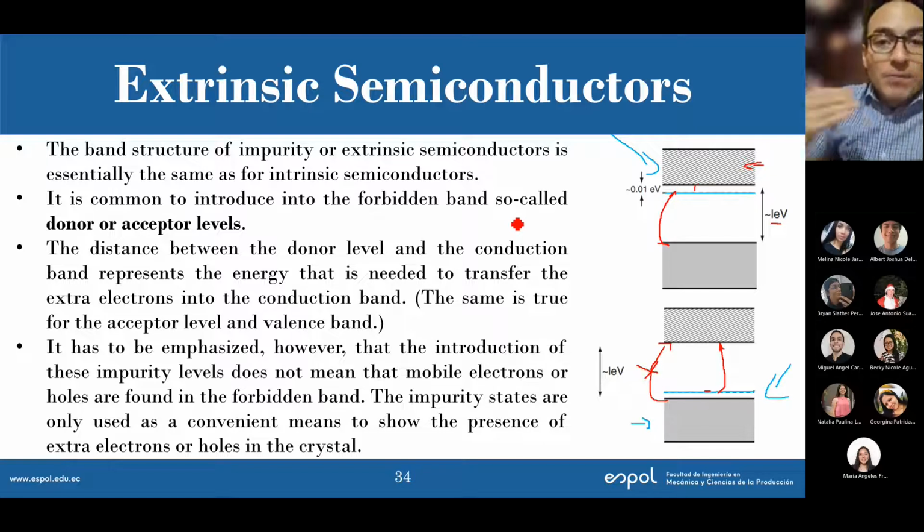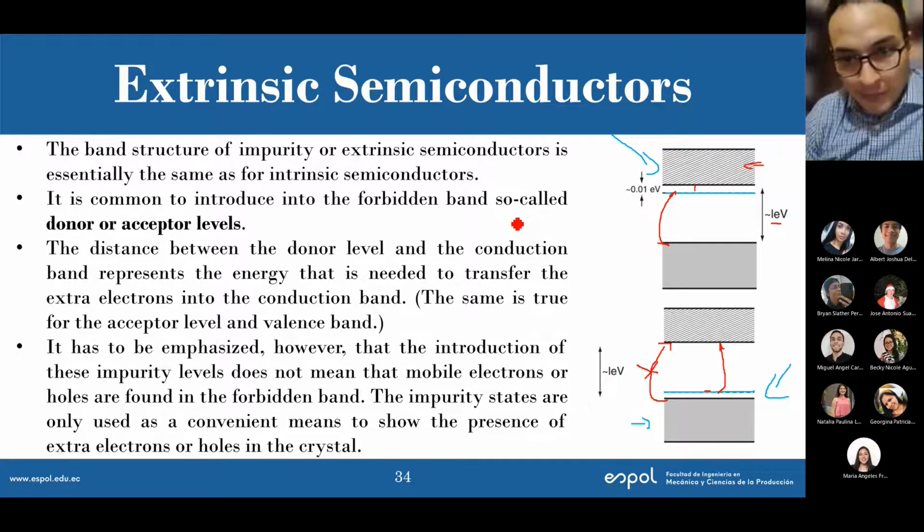It's just a representation of what the fact of having either donor or acceptor electrons does in a semiconductor. It's a convenient way to show the presence of extra electrons or holes in a crystal. Okay.